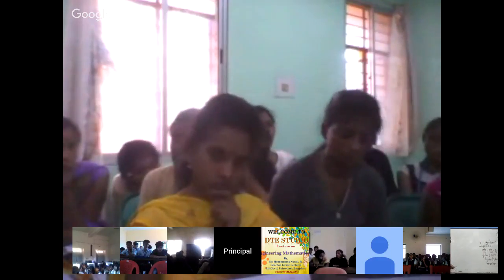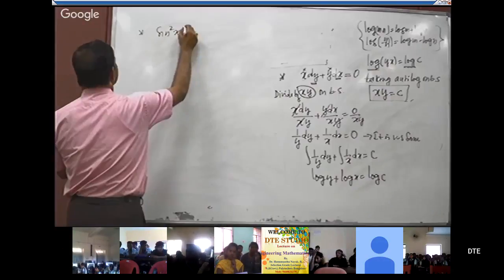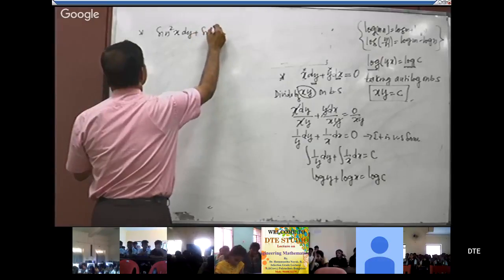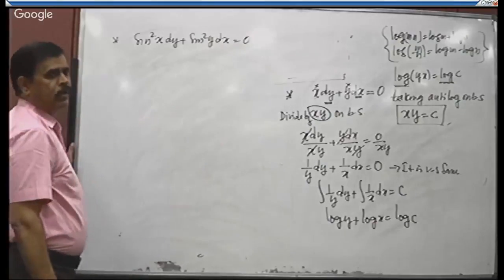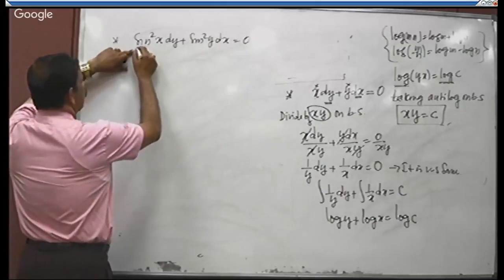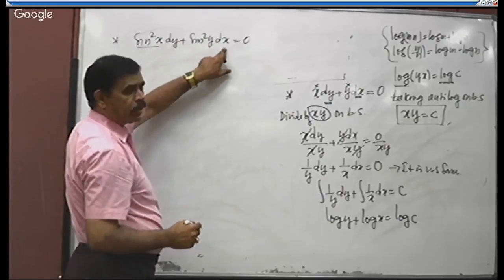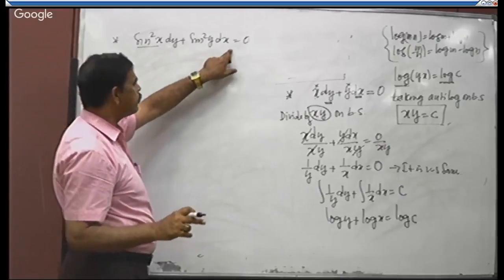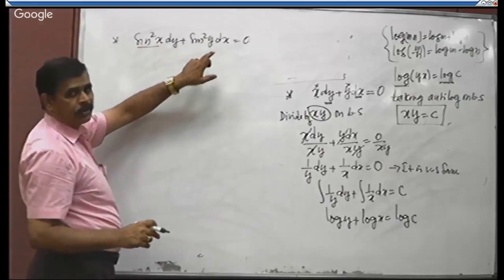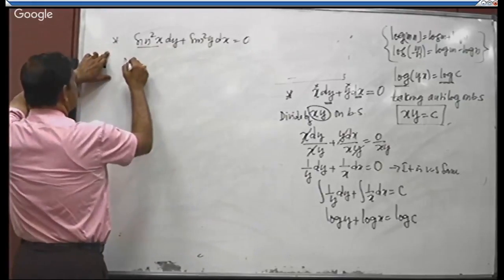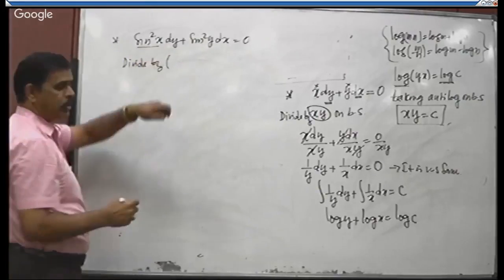At the same time, let us take some other equations. sin square x dy plus sin square y dx is equal to 0. As I said, if there is an x term with dy and a y term with dx, we have to separate it. So it is in mixed form. Along with the x term there is dy, along with the y term there is dx. How to separate it? As I mentioned, divide by the product of the unwanted terms at dx and dy.